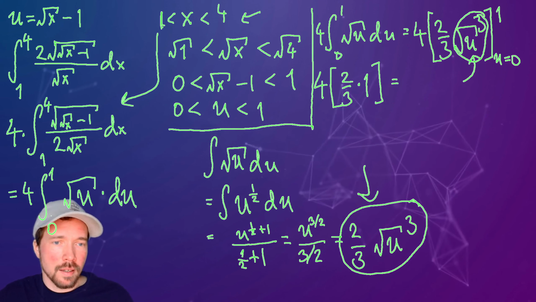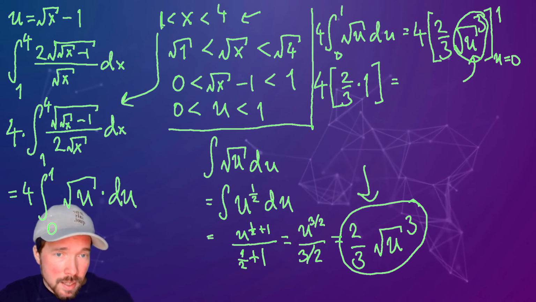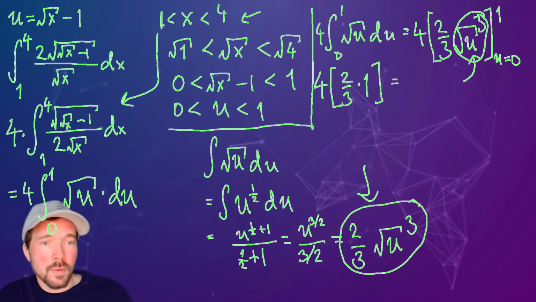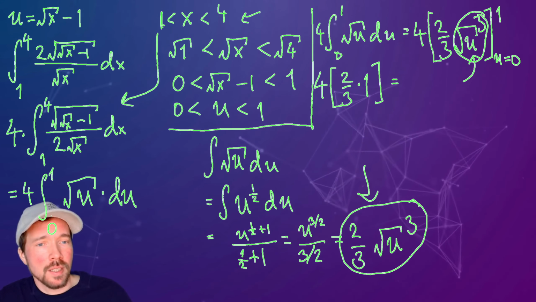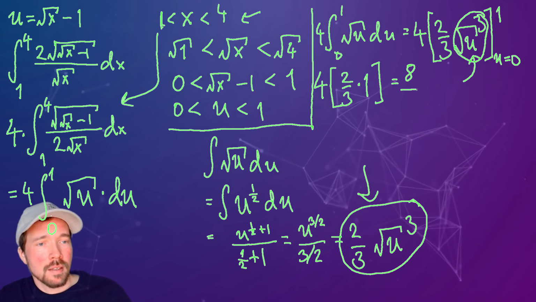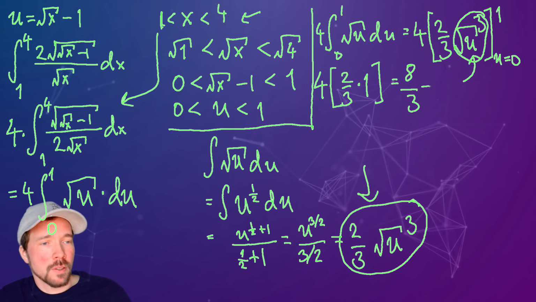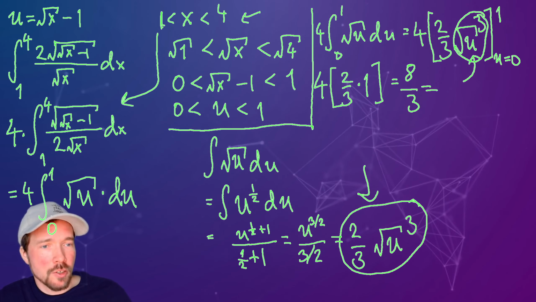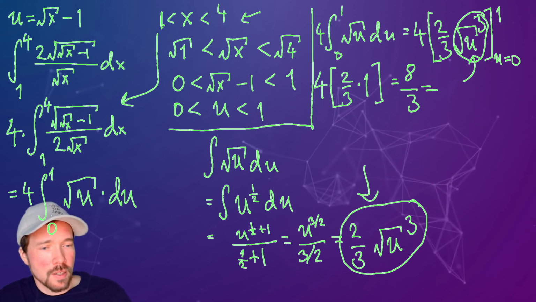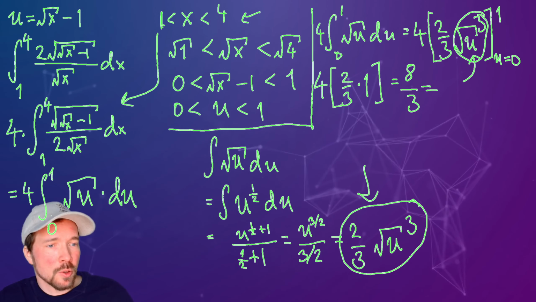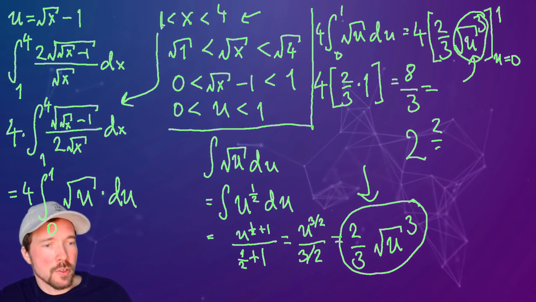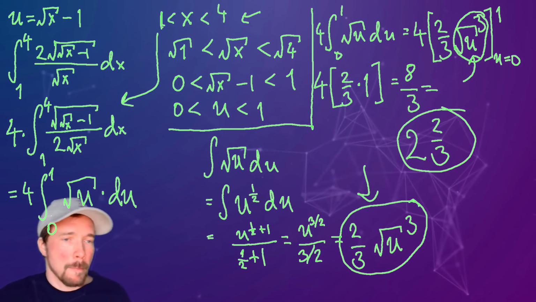And what is this? 4 times 2 divided by 3, that's 8/3, and this has to be brought into a form which is an integer and a fraction. So this is 2 and 2/3. That's the answer.